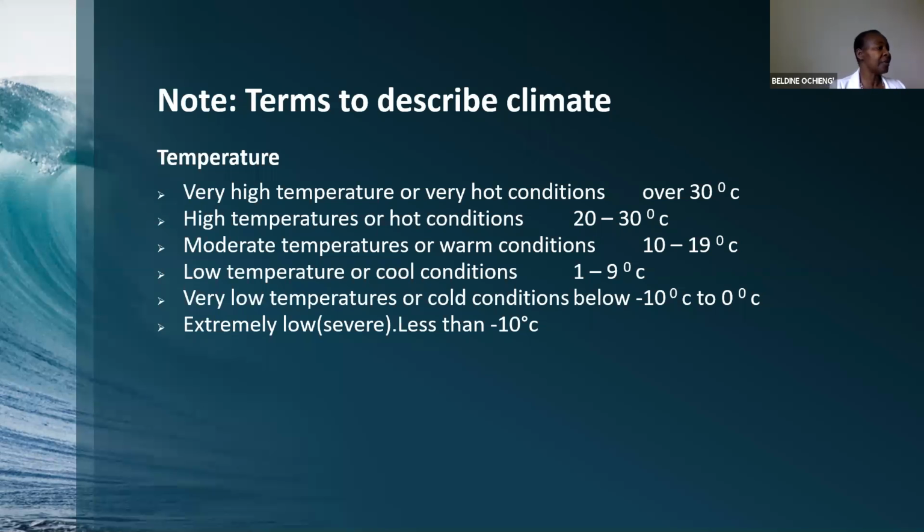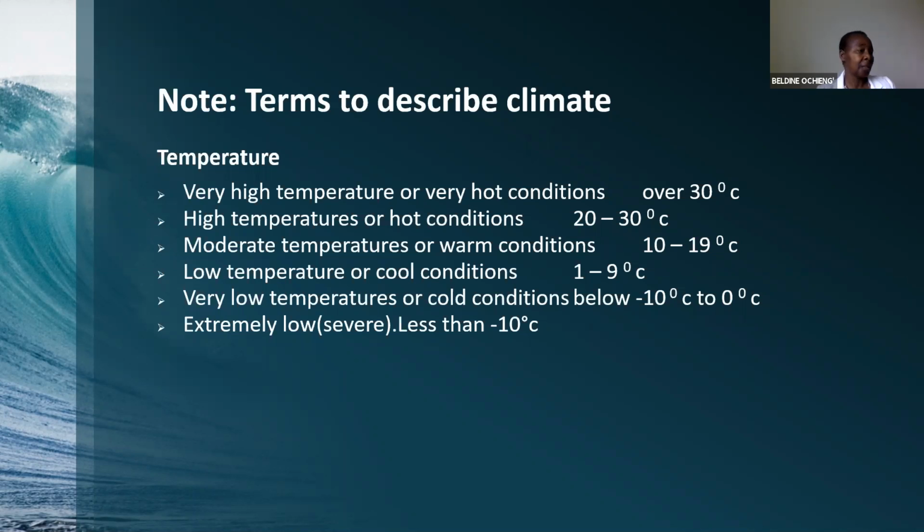Then when we talk of high temperatures or hot conditions, we are in between 20 to 30 degrees Celsius. That is high or hot conditions, 20 degrees to 30 degrees Celsius. When you talk of moderate temperatures or warm conditions, it is between 10 degrees to 19 degrees Celsius.